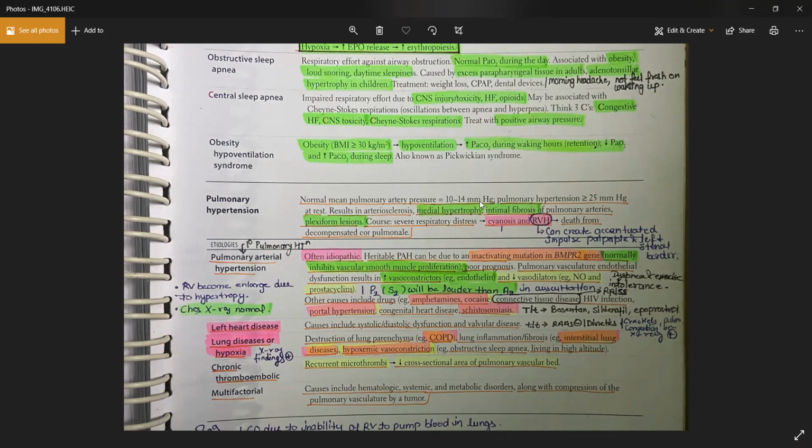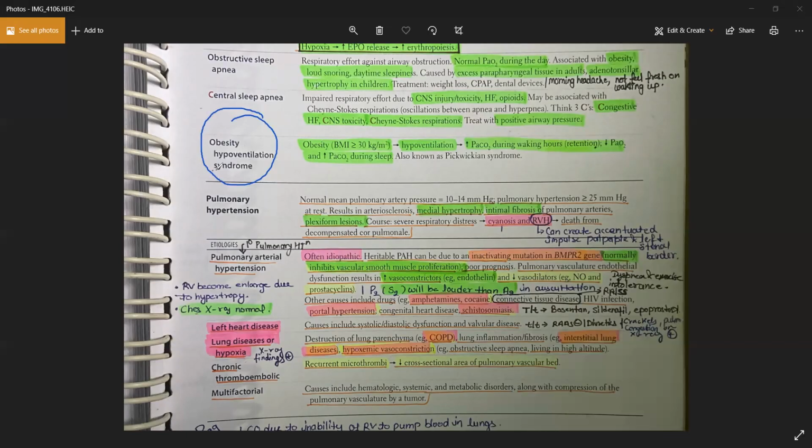You have 3 layers in the arteries. Remember the tunica media, externa, and intima. In the tunica intima, which is the innermost endothelial layer, you will have a fibrosis. Now, initially, if this is your normal vessel, you will have some plaque formation because of the hypertension.